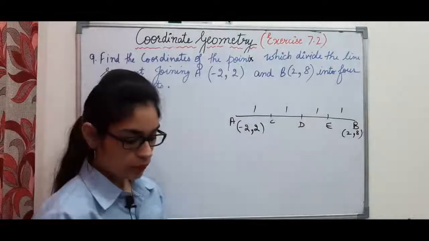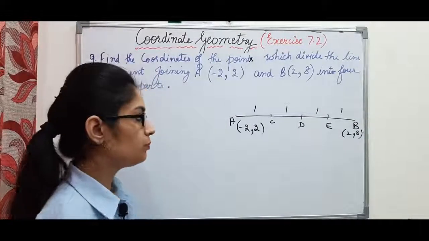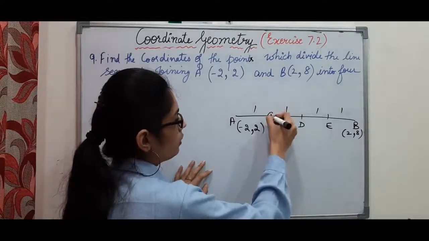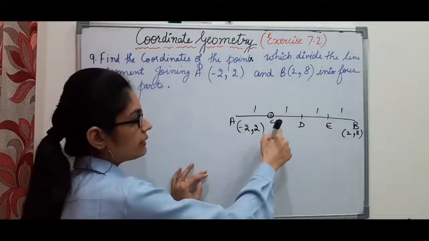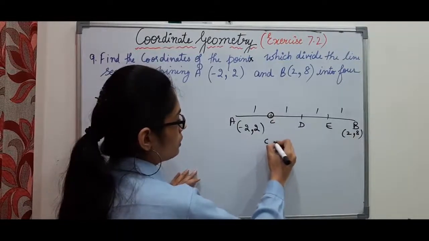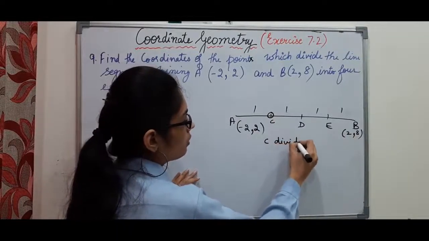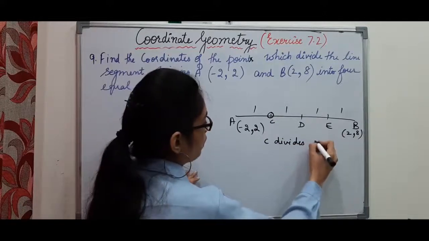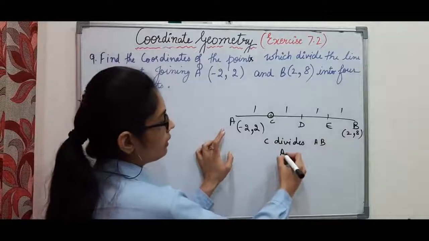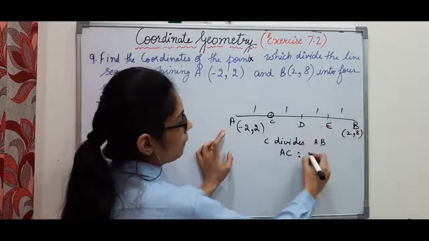So what we'll do, first of all we have to find the ratio. Let's find the ratio in which point C is dividing this line AB. So C divides AB in the ratio AC is to BC.